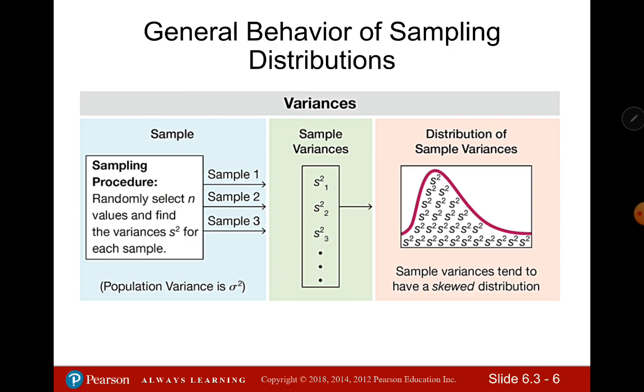If we have 100, we have 100 s squared. All the s squared do not follow a normal distribution. They just follow a skewed distribution. So not like the proportion, not like the mean value. The variance of the sample does not follow a normal distribution.